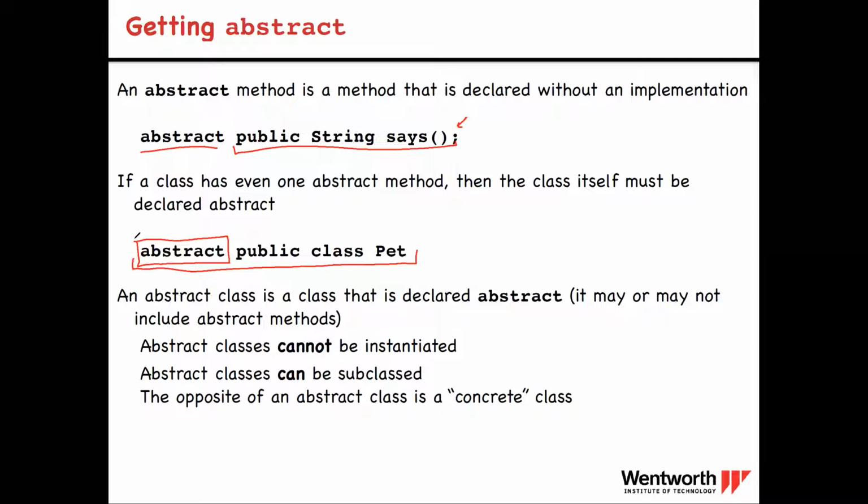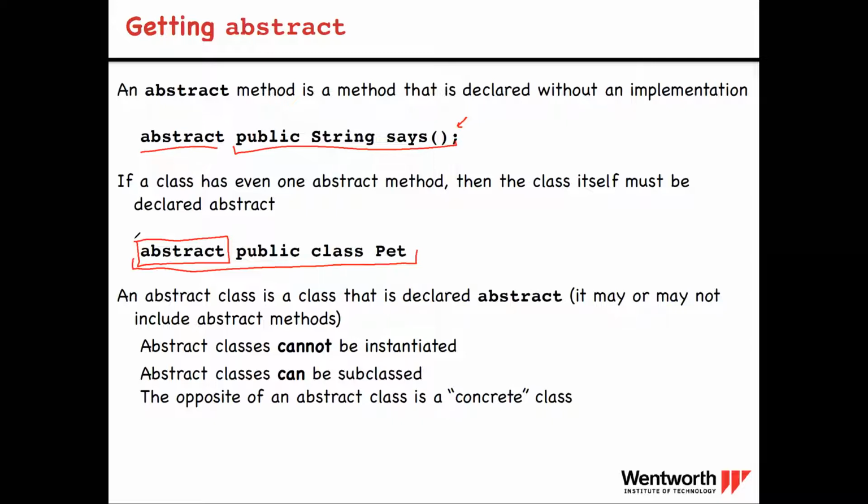Now, an abstract class cannot be instantiated. If you make a class that is abstract, it cannot be turned into an object. If we did this to pet, you cannot say pet p equals new pet. But abstract classes can and probably should be subclassed.